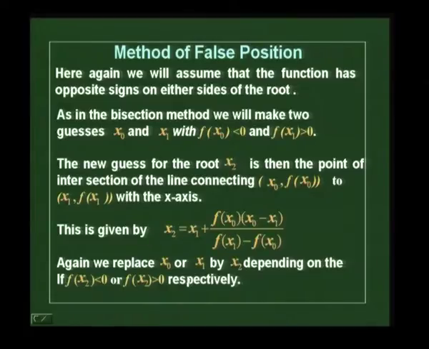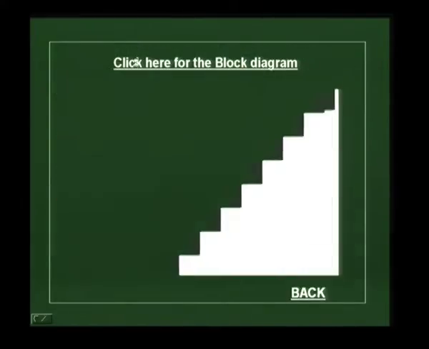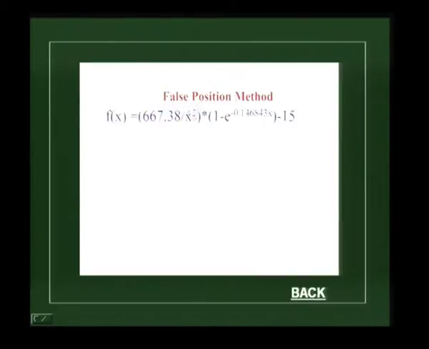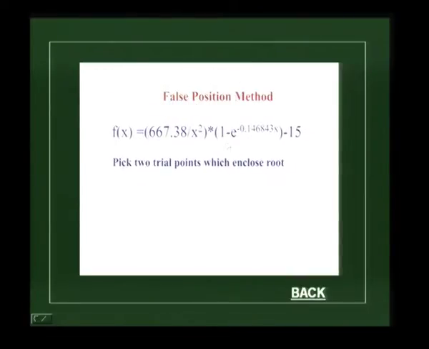We will again see this in a summary in a block diagram here. Here we see the false position method. We have taken the same function as before, and we again take the two points that enclose the root, the same as in the bisection case.